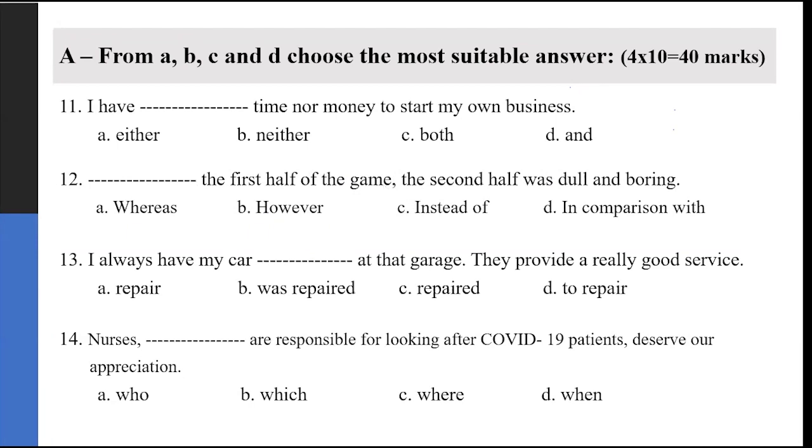The first half of the game, does it make sense? Is it a full proper sentence? It's obviously not, because it has no verb, I'm only giving you a noun.